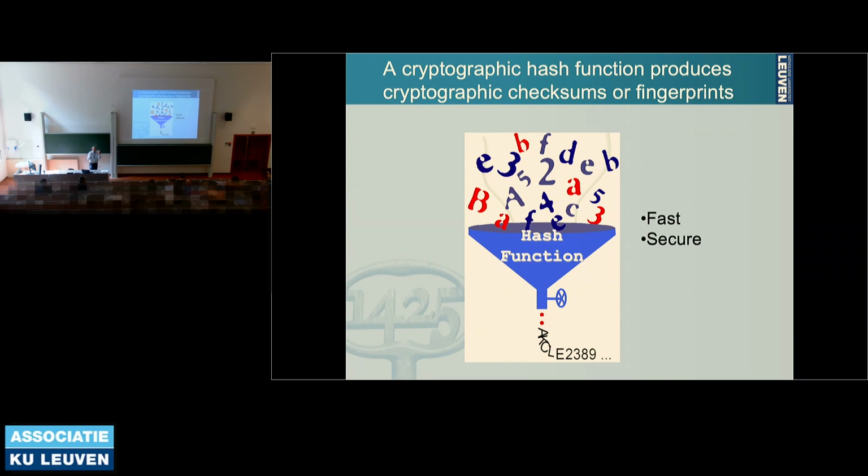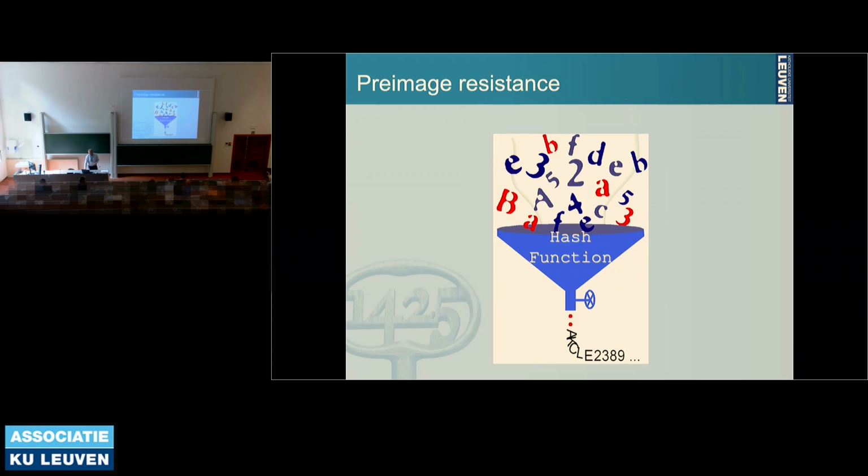And this intuition is translated into more precise notions in different ways. So one property we require is what we call pre-image resistance. That means that if you are given an output, it should be very difficult to find the corresponding input. So you cannot follow the red arrow. From the output, you cannot go back to the input.